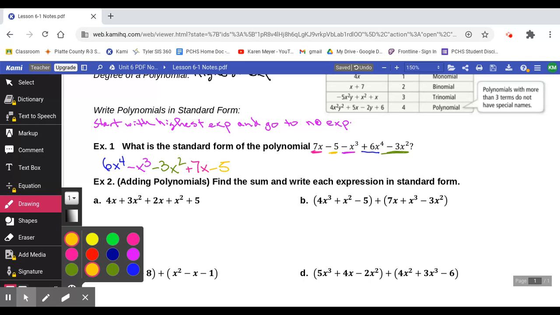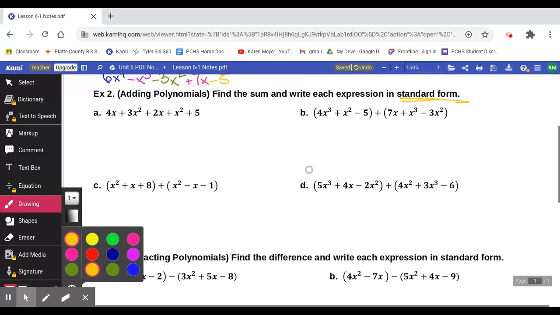Okay, now when we are adding and subtracting polynomials, we want you to always write your final answer in standard form. So let's start with adding polynomials. Okay, in order to add polynomials, the first thing we kind of need to go over is what is considered to be like terms. So off here to the side, like terms.